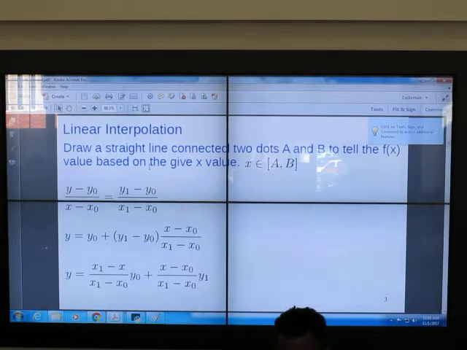Okay, so you can do this. We arrange it, we can have it in this form or that form. That's linear interpolation. So this means if we know x0, y0, x1, y1, we can predict x and y. If we know the x value, we can predict the y value.